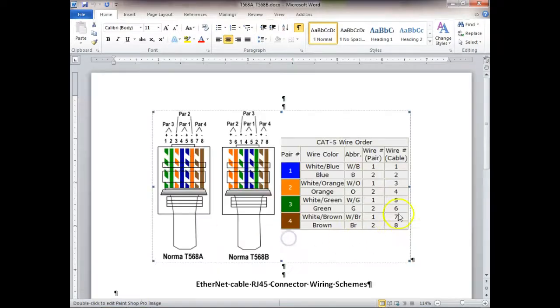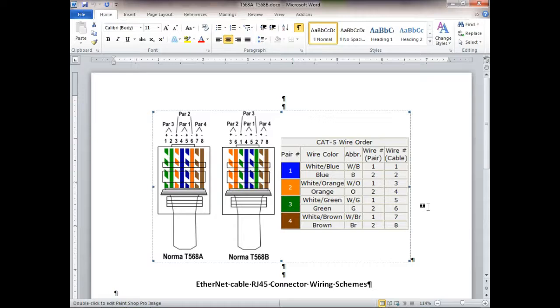Everybody okay? Okay. So this is the color scheme for a 568. I said 586. I got it backwards. 568 A and B.